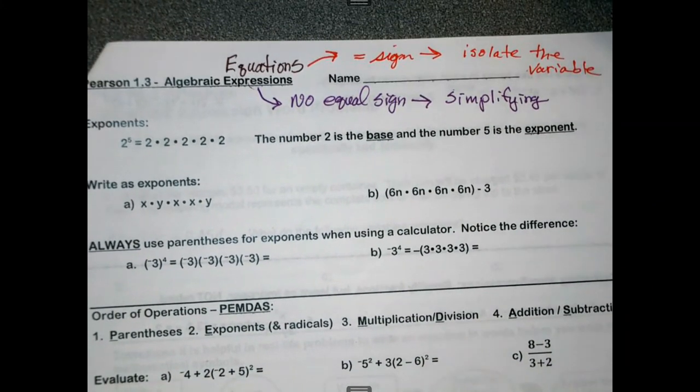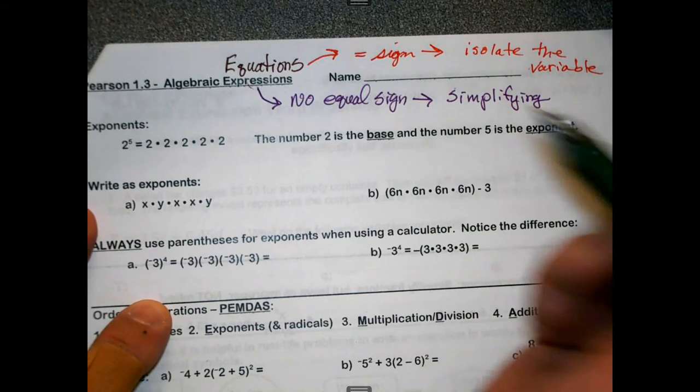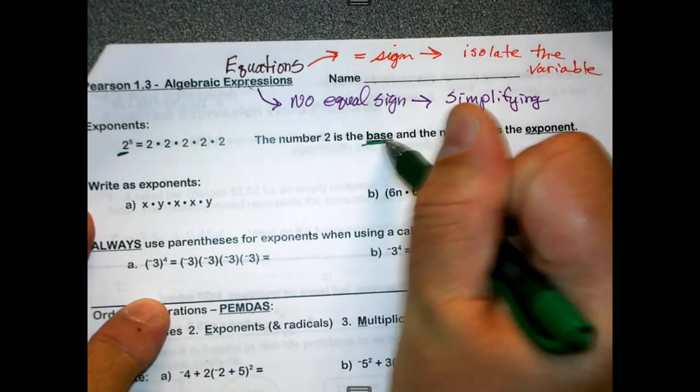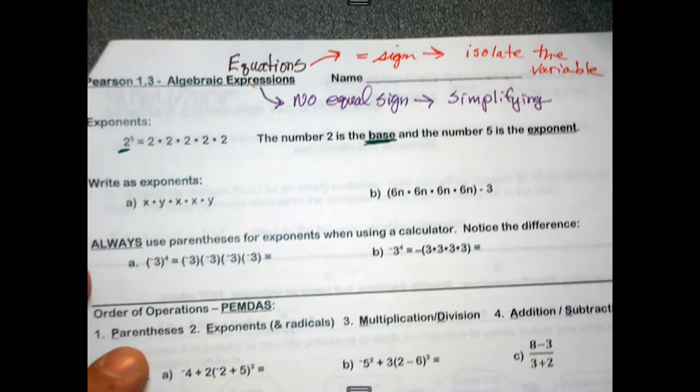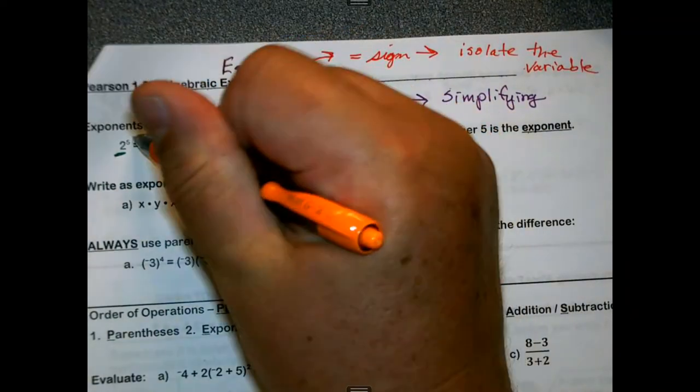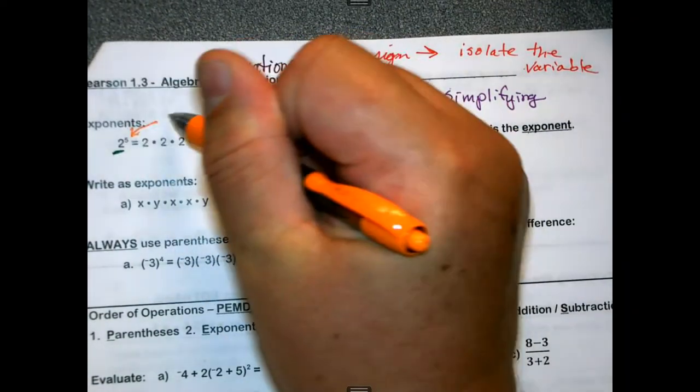So the first thing we would learn about here, or review, is powers. Well, what's a power? It's got a base. In this case, my base is 2, and powers have exponents. This exponent is a 5.